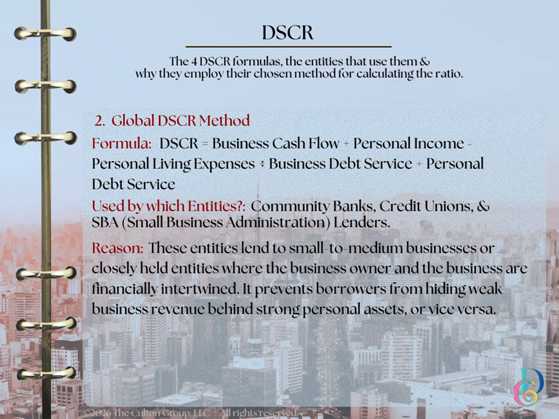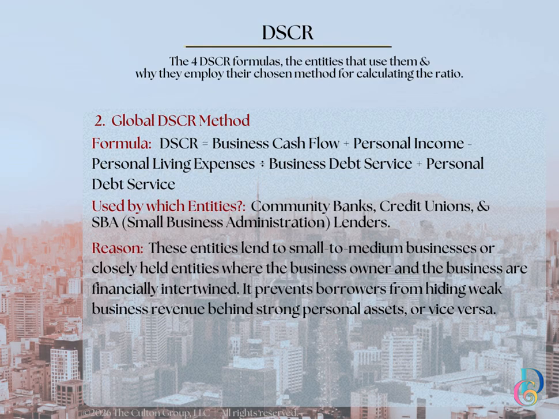Okay, DSCR method number 2, Global DSCR. And I'm going to be reading this so you can listen or you can read along with me. The DSCR formula is DSCR equals business cash flow plus personal income minus personal living expenses, divided by business debt service plus personal debt service.